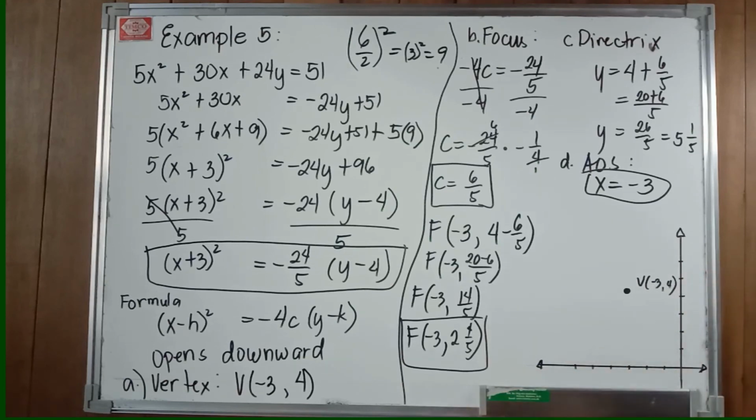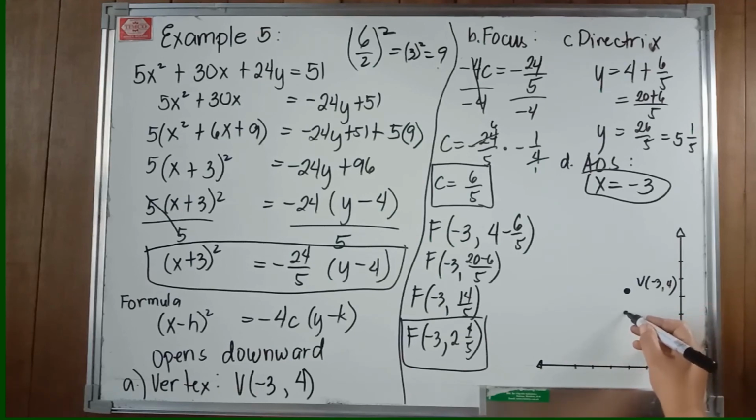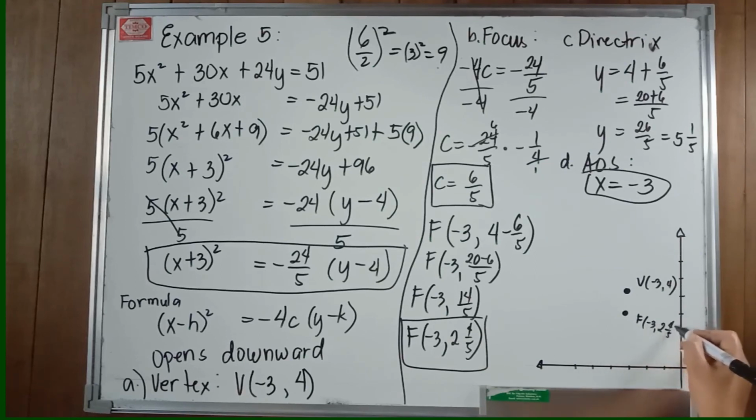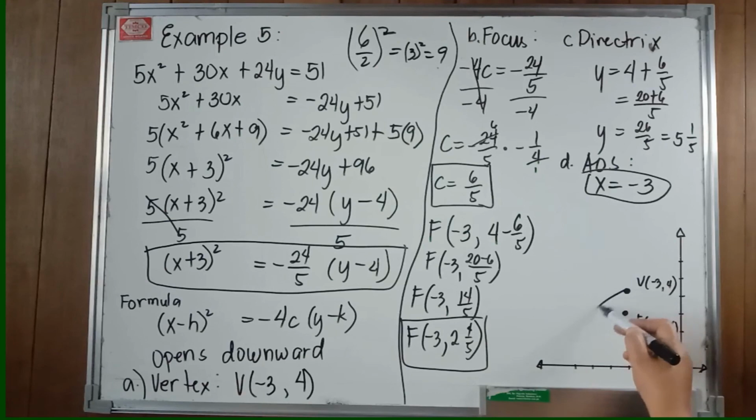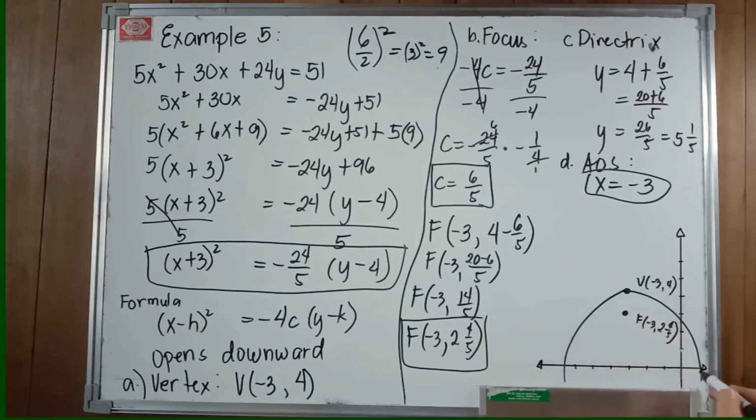That's why I am suggesting that you have to solve or sketch your graph in a graphing paper to have an accurate graph. Next, we have the focus, which is negative 3 and 2, 4 over 5. That's why our parabola is facing downward.